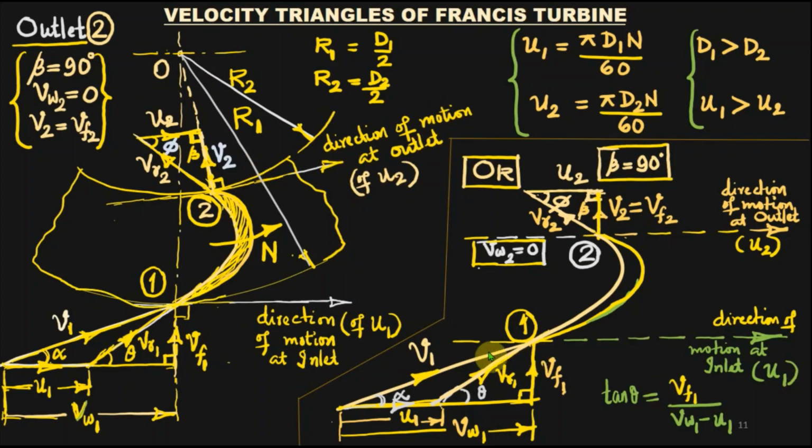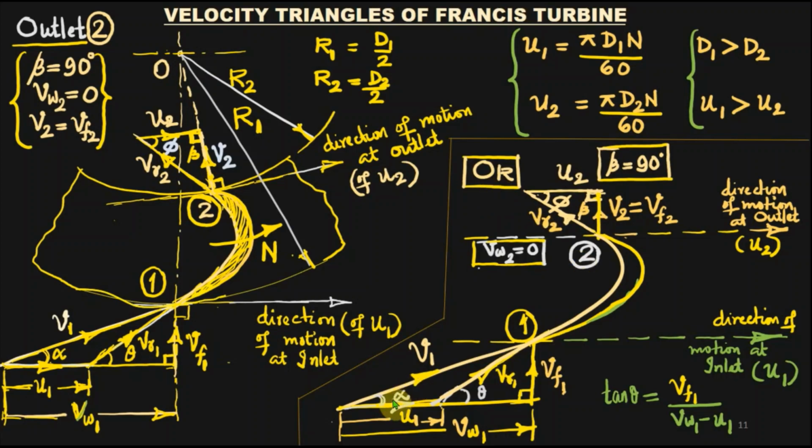So if they are indicated like this, these two dotted horizontal lines, then the velocity triangle will be like this. Just like we have drawn in the case of the unsymmetrical moving vane, you will be able to draw the velocity triangle at inlet here, and then the velocity triangle at outlet, which obviously is a smaller one in this case where VW2 is 0.